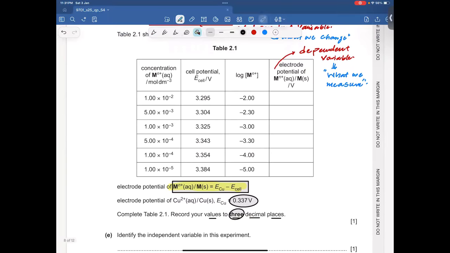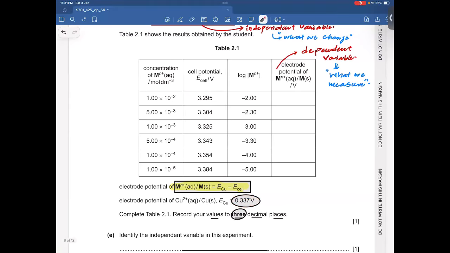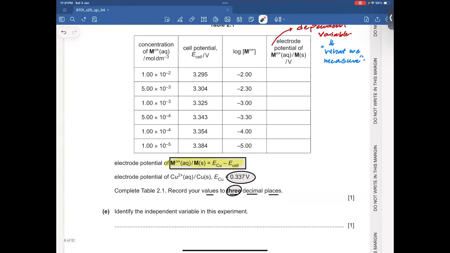So we need to put 0.337 into this, and we need to put E naught cell. So where is E naught? Where is E cell? This is E cell. We need to put this value here, and this value here. Subtract these two values, and you will get the answer for this one. Okay, so let me solve one value for you.